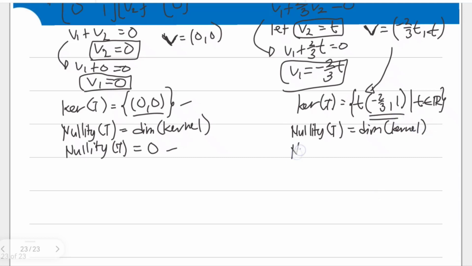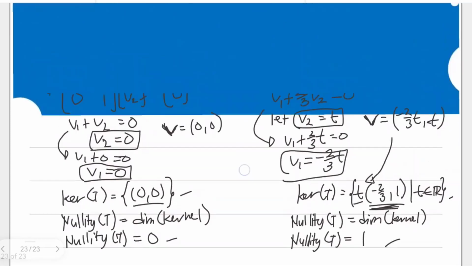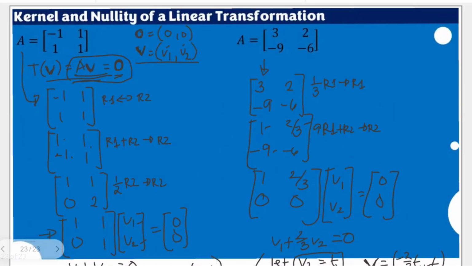In short, the nullity of T here is just 1, meaning there's only one specific vector, and just multiples of it, that result in the matrix becoming the zero vector. So we have only one for this kernel of T. This is how we show the kernel and nullity of a linear transformation for a 2 by 2 matrix. Thank you very much for watching.